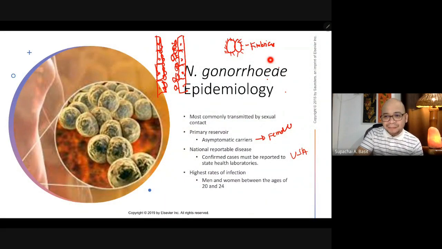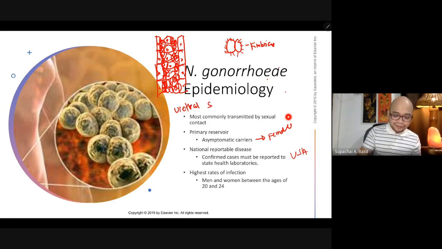What will happen next is that the WBC, the neutrophils, will try to attack them, will try to phagocytize them. So you now have numerous WBC at the urethra, causing urethral stricture. If there is a urethral stricture, it will be difficult for us to urinate.